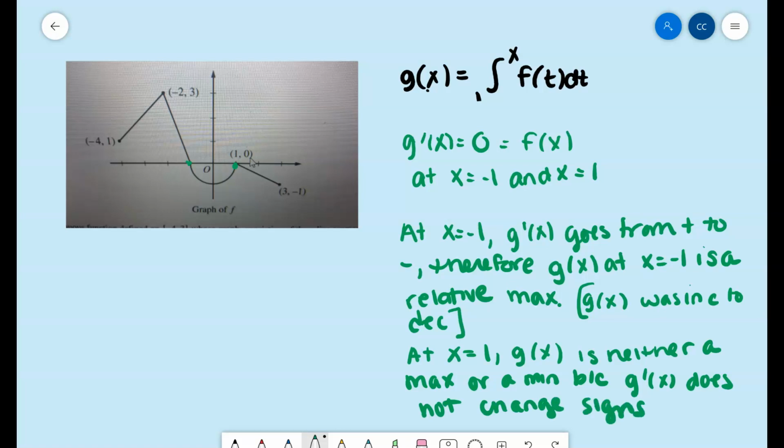We can look at the graph and see it goes negative and then to negative again. Because it doesn't change signs, we cannot have a relative max or a relative min. Therefore, this is a neither.